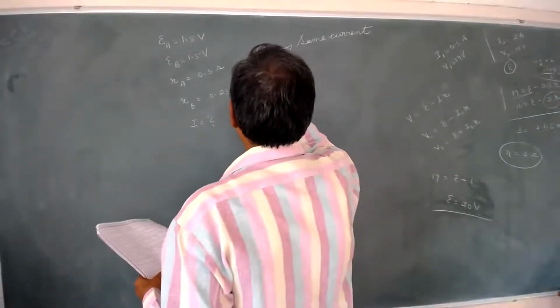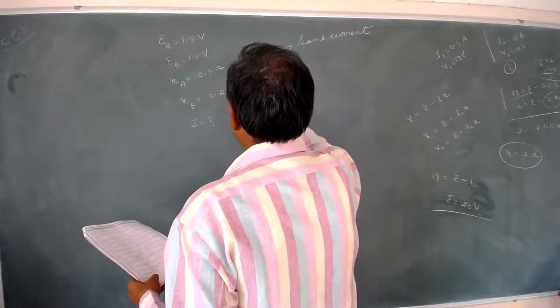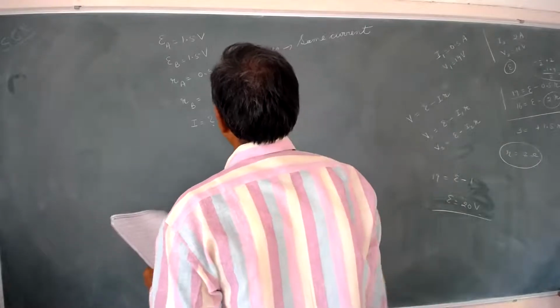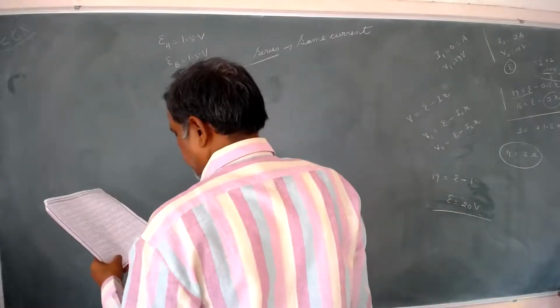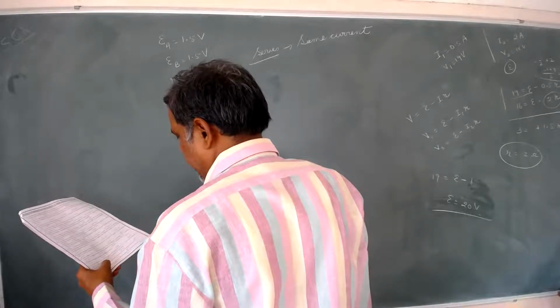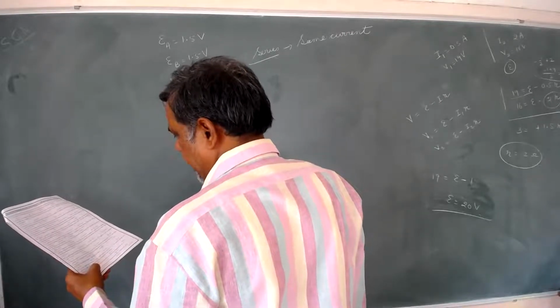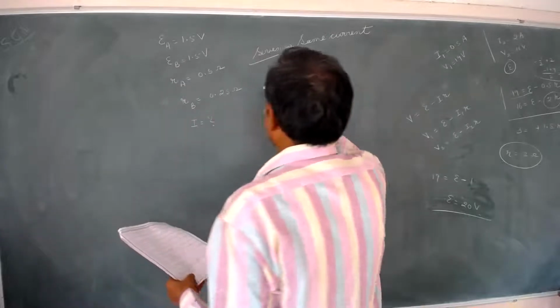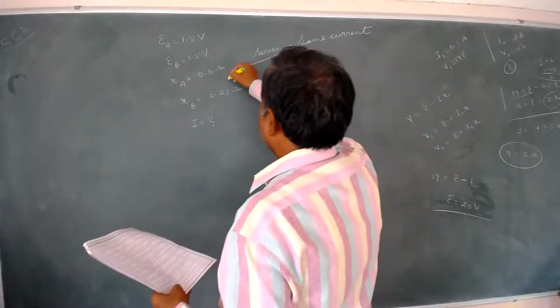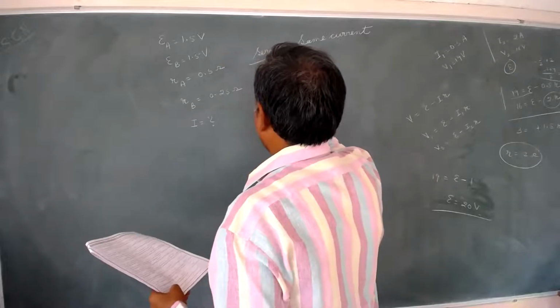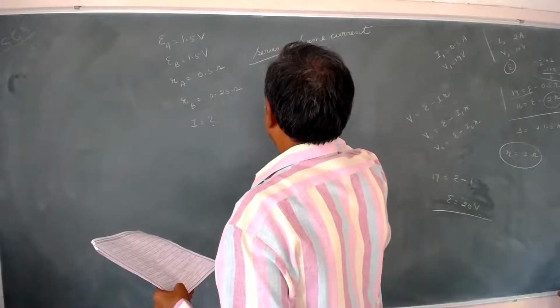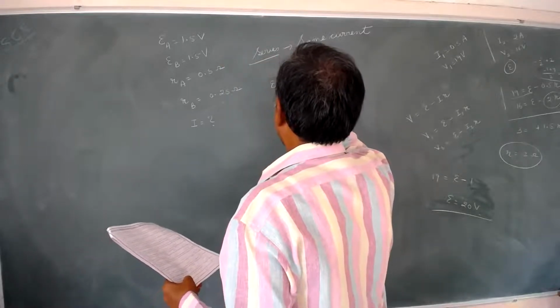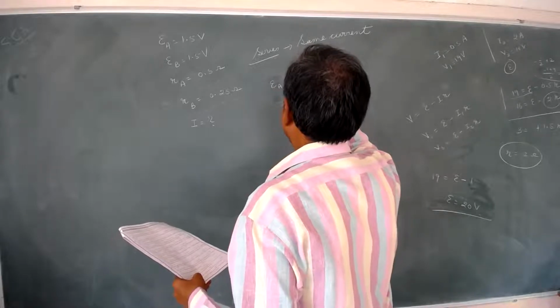So terminal voltages are given here. For the circuit current, there is no external resistance. Here you see epsilon A minus I into RA.